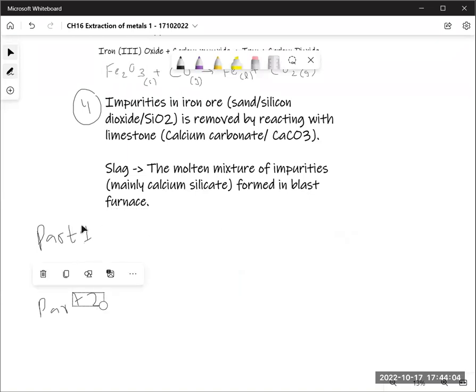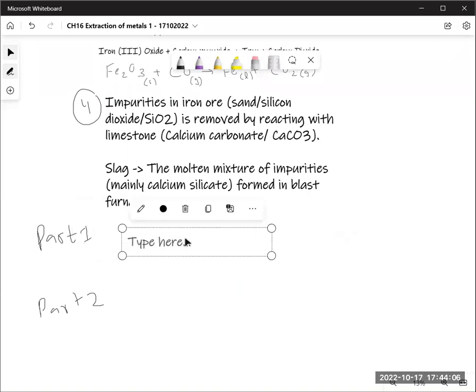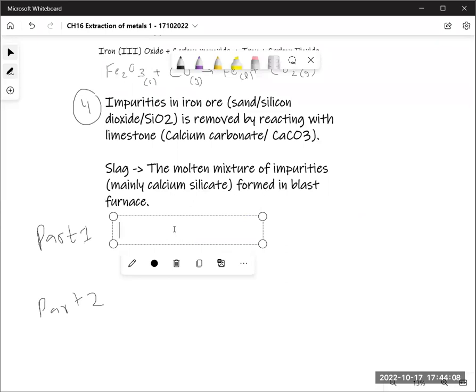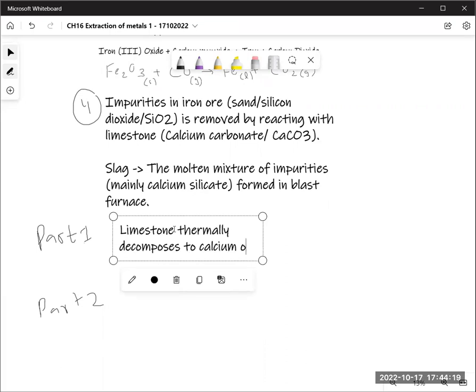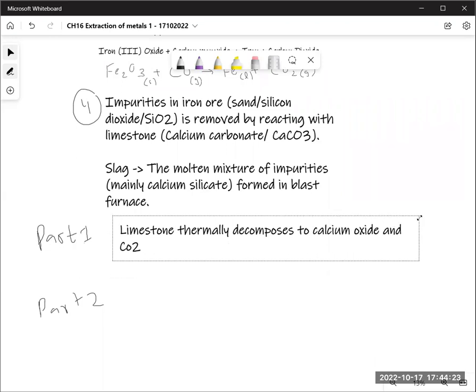Let's remove this first and let's write something else here. For part 1, we have limestone thermally decomposes to calcium oxide and CO2. That's part 1.